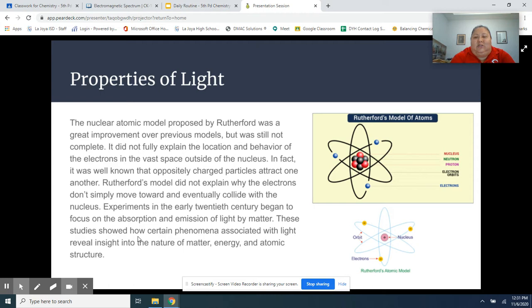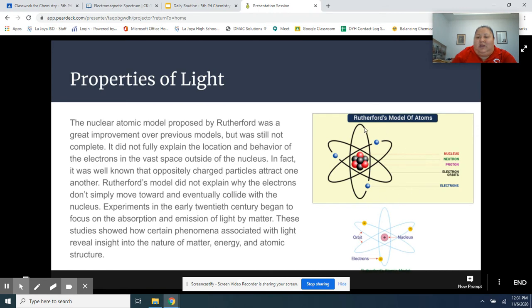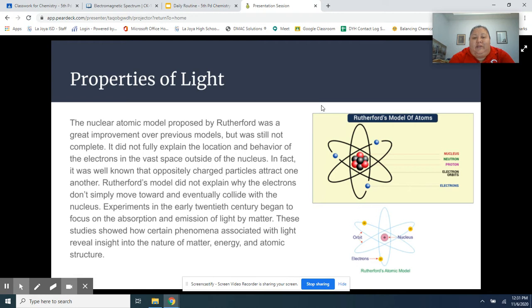They start to discuss Rutherford's atomic model. And you've probably seen this picture in books or even in commercials or even the TV show Big Bang Theory, right? But this is Rutherford's version of the atomic model. So, the nuclear atomic model proposed by Rutherford was a great improvement over previous models, but it was still not complete.